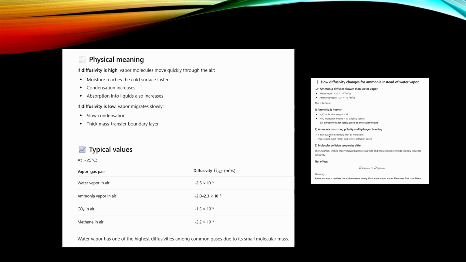It interacts more strongly with the air molecules. And then there are also molecular collision properties which differ between ammonia and water vapor. The net effect is that ammonia vapor reaches the surface more slowly than water vapor under the same flow conditions.